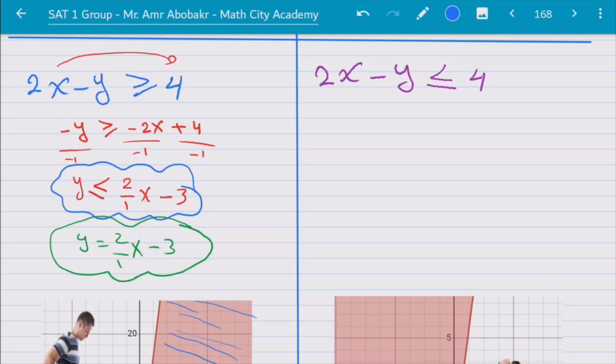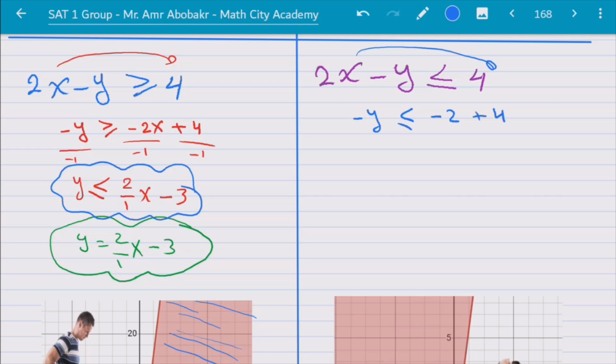Another example, 2x minus y is smaller than 4. So now this is not y, this is negative y. So we have a trick: the first step, make it in the form of y greater or y smaller, by bringing it to the other side. So it will be negative y smaller or equal to negative 2x plus 4.